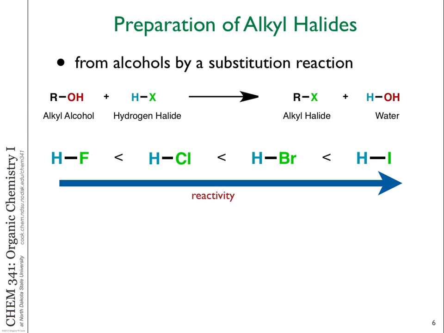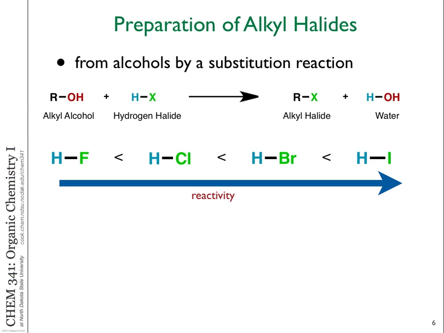This is usually measured by looking at how easily or how fast the reaction goes at a particular temperature. Okay? If it's a harder reaction or a slower reaction, you need to bring it to a higher temperature for it to proceed. So in terms of reactivity, HI is more reactive than HF. And it's the same trend all the way along.